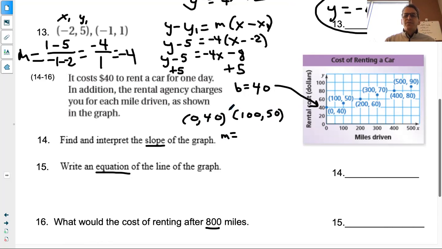So 50 minus 40 would be the difference in the y's. And 100 minus 0 would be 100. So you can see that our slope in this case is 50 minus 40, which is 10, divided by 100, which is equal to 1/10. So the slope in this case is 1/10.